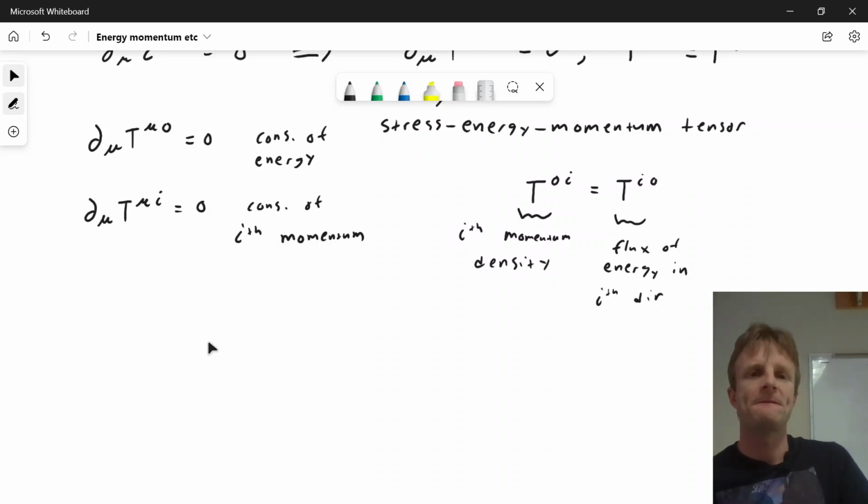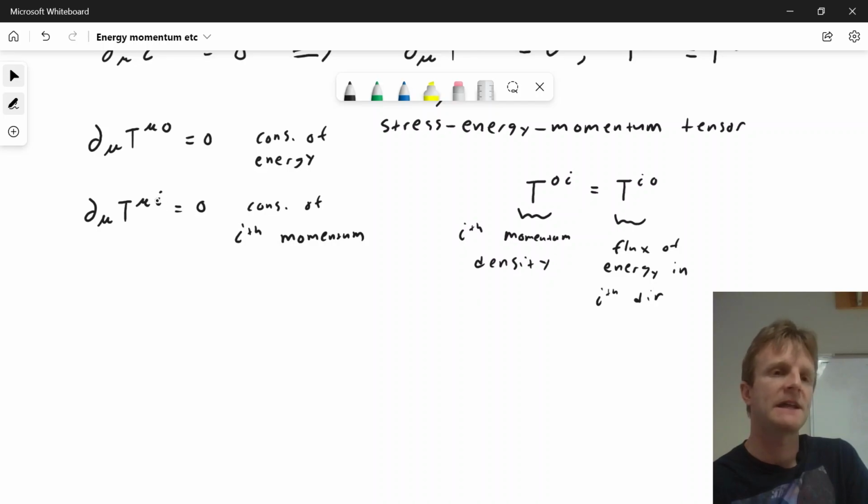Yes? Is there physical meaning to the indices being up and up, and then up and down and down for the stress energy? Well, I've introduced it in terms of upstairs indices. Is there physical meaning?